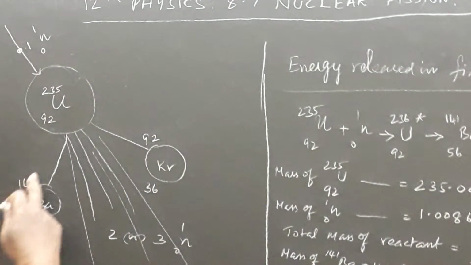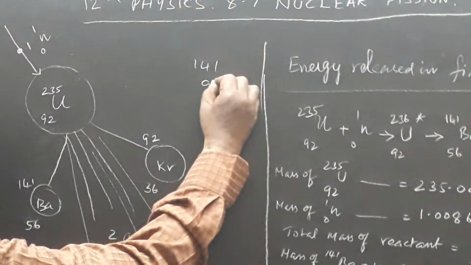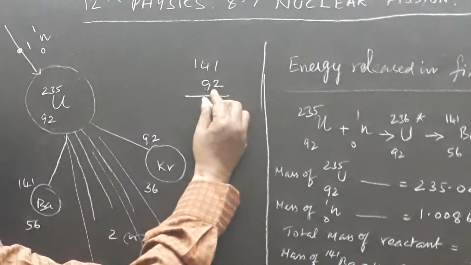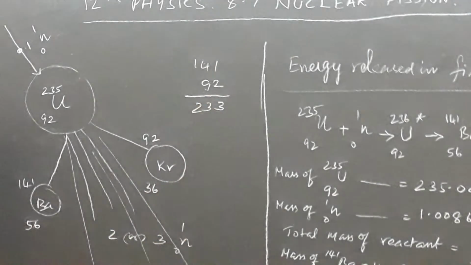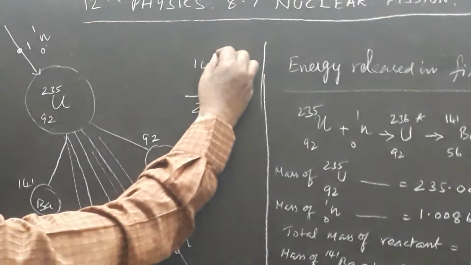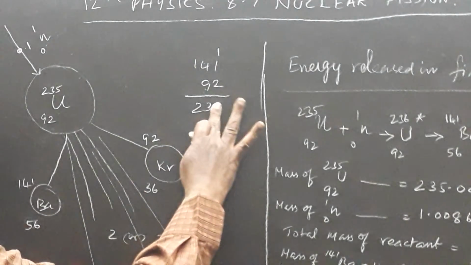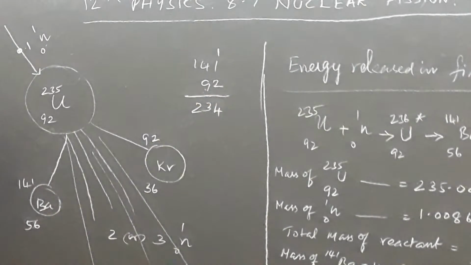If you add these two, 141 plus 92, we get 233. Here, one neutron is also added, that's why 234.